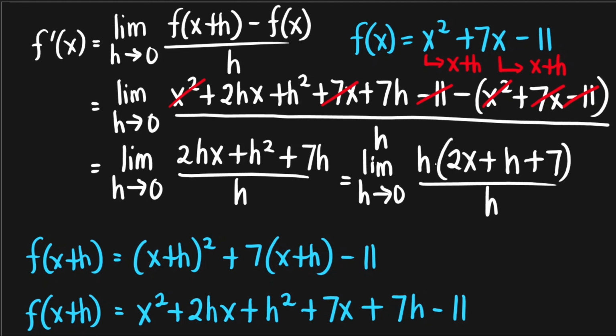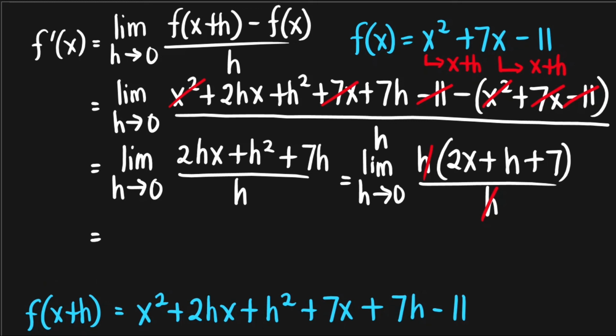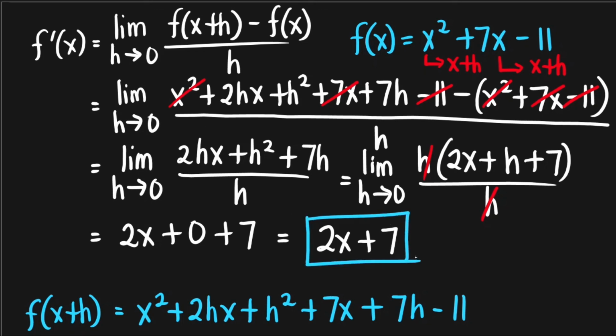The next process we're gonna do is to apply direct substitution. Let's replace variable h with 0. We have 2x plus 0 plus 7. Simplifying further, we get 2x plus 7. And this is the derivative of x squared plus 7x minus 11.